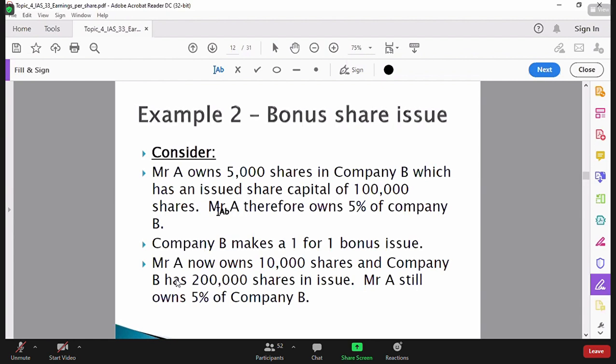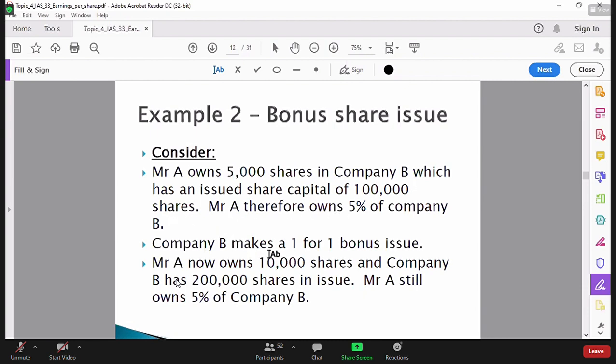So these are the existing shareholders. If you look, they take 5,000 divided by 100,000. They will get 5% of company B, meaning he is a minority shareholder with 5% of the shares in company B.